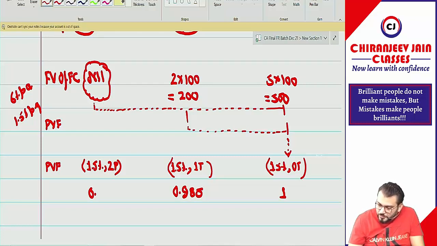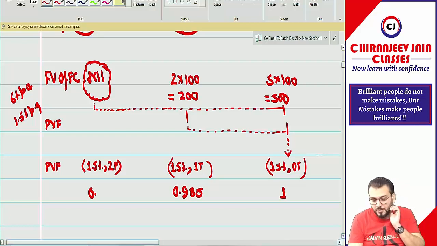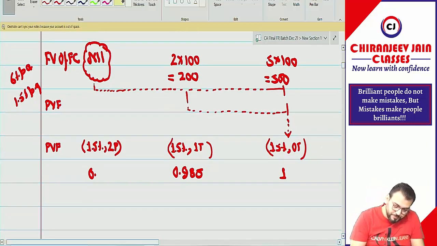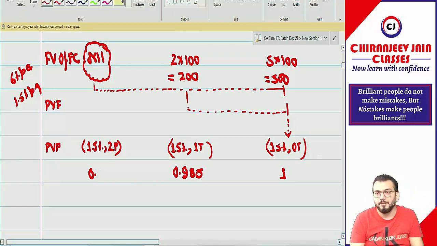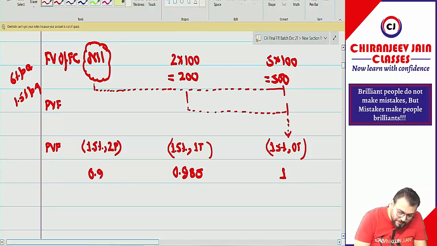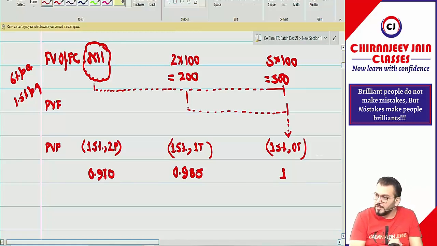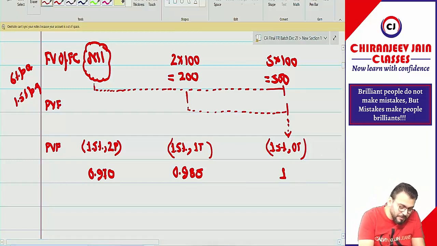Something is wrong in this calculator. What is this coming? 0.970, 0.971. But I hope you have understood what I am saying.